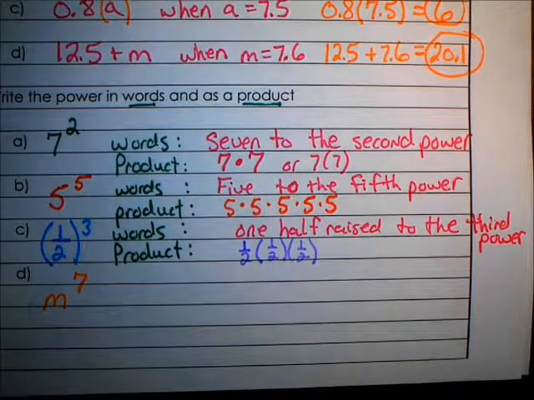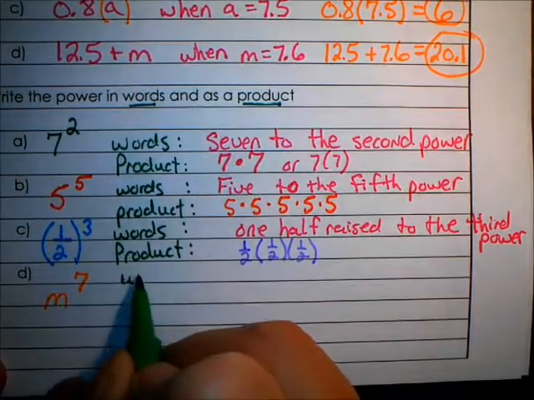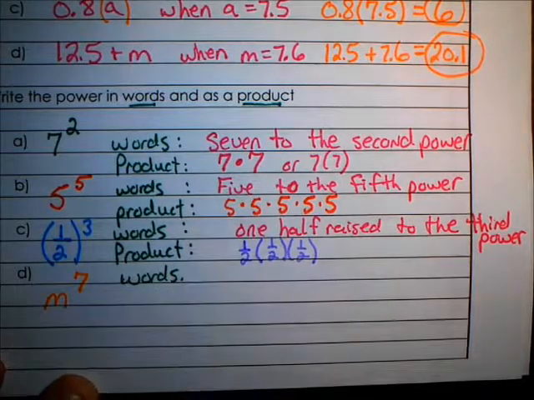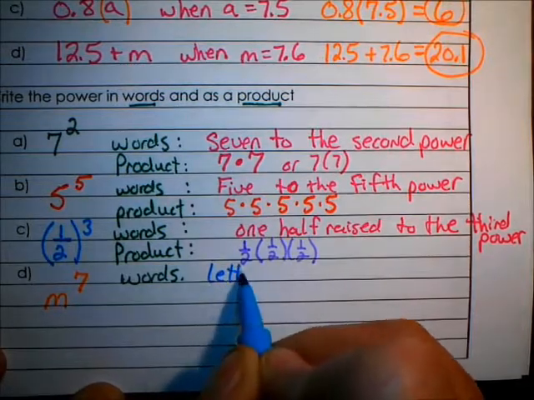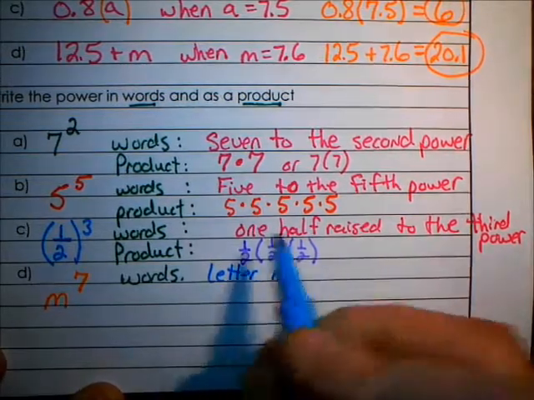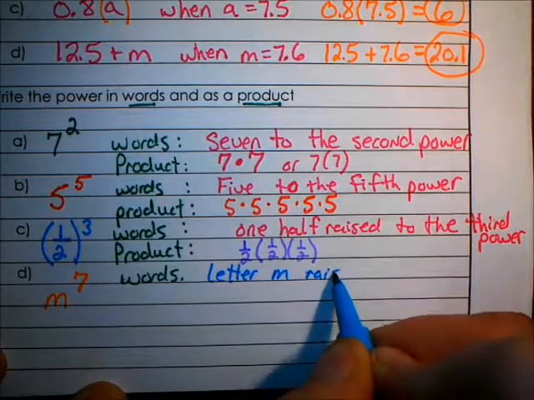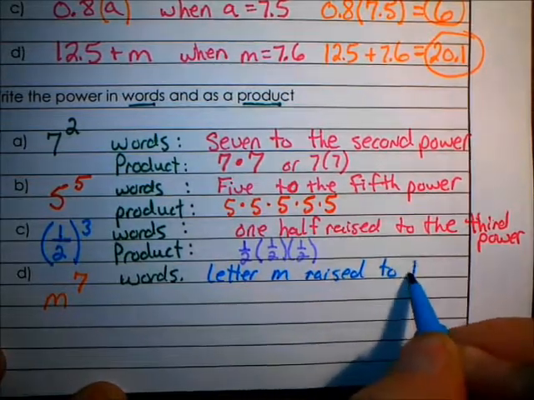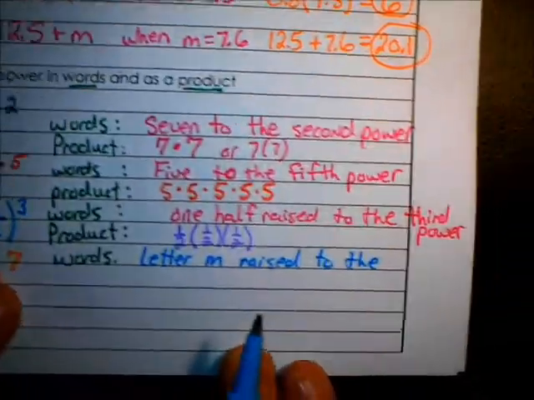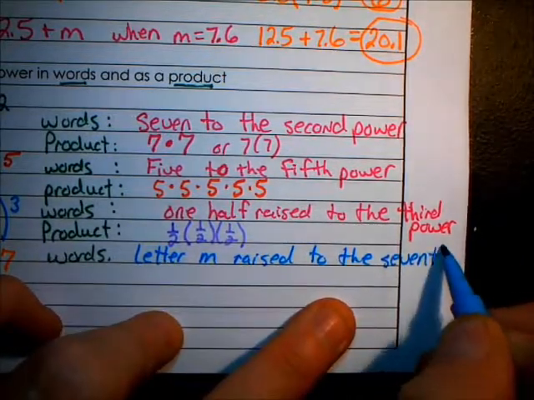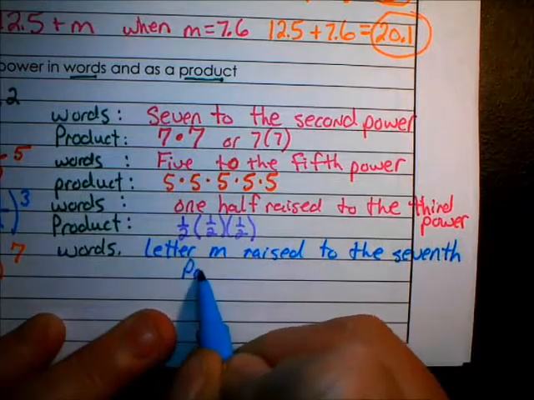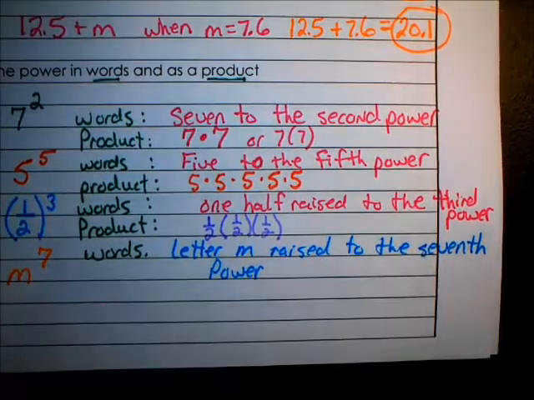So the words will be, I'll have letter M raised to the, and I have a little 7 as an exponent, so that will be the 7th power.